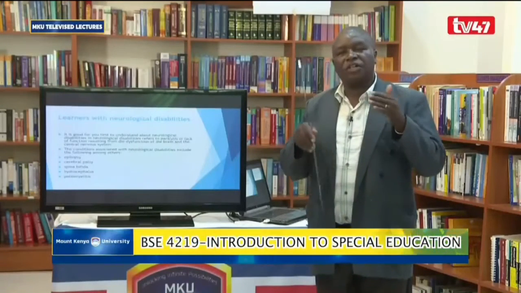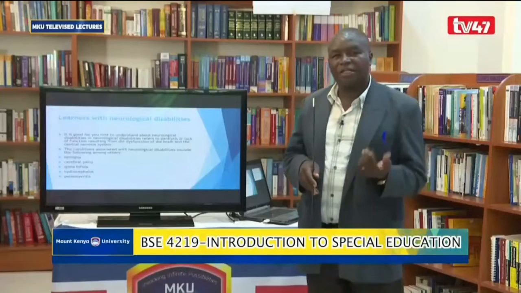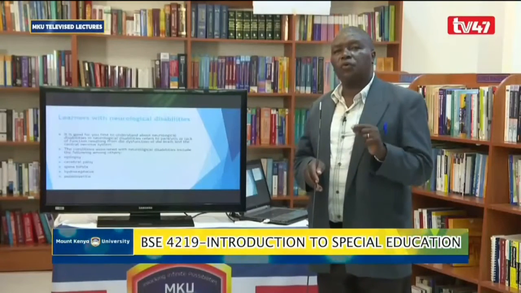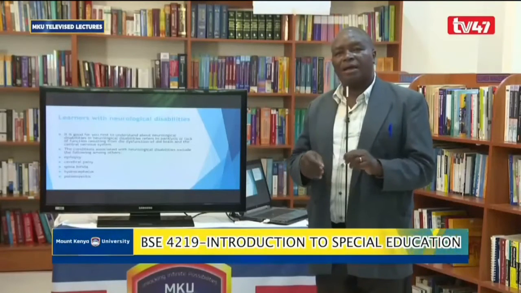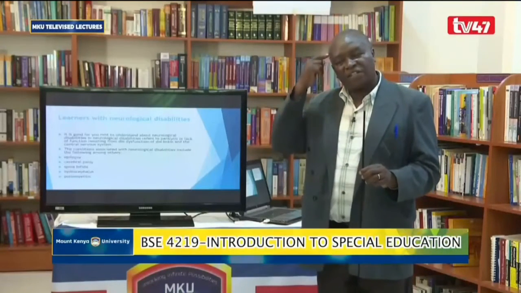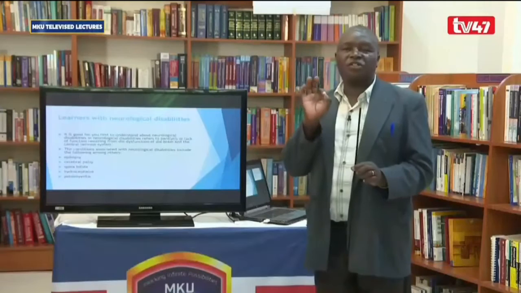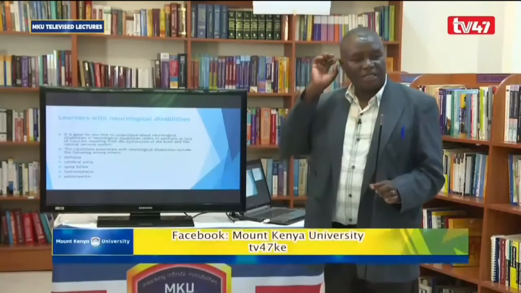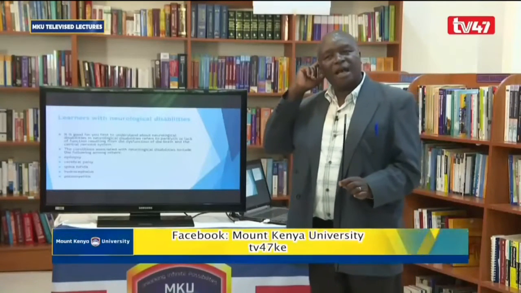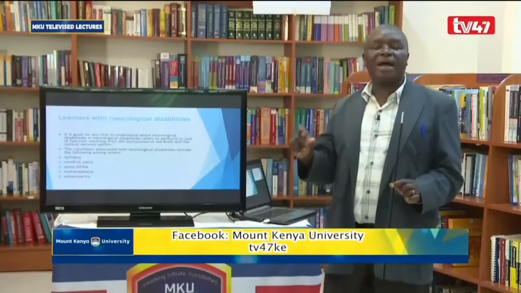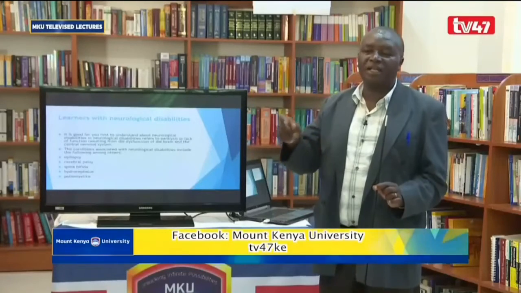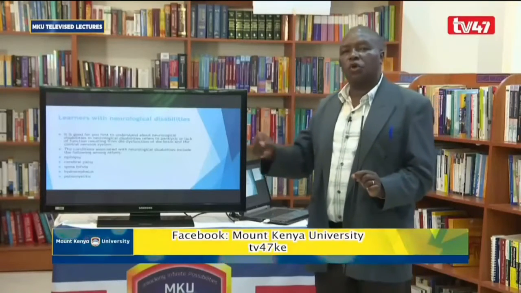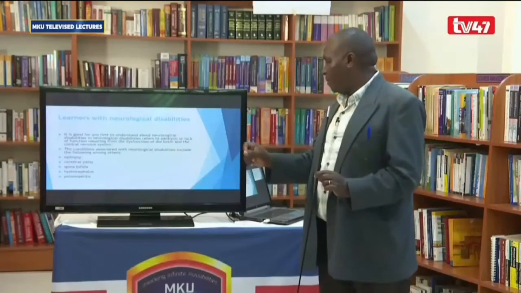This condition is treated surgically, whereby an operation is done and a tube called a shunt is inserted above the brain to drain the water. As the water is accumulating, it is also drained away.